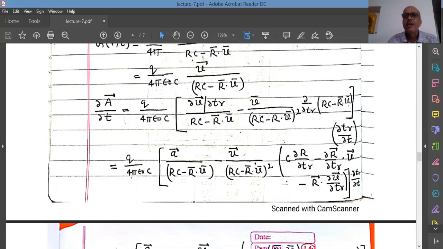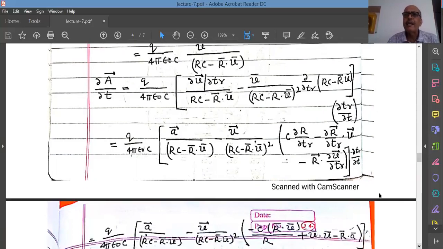dot V. If you go inside the bracket, C is a constant quantity, so it becomes C into del R over del TR. R is the mod of R. Then if you expand the second one, it is del over del TR of the dot product of the two functions, and you already know that the differentiation of the dot product of two functions is first function into the differentiation of second plus second function into differentiation of first.